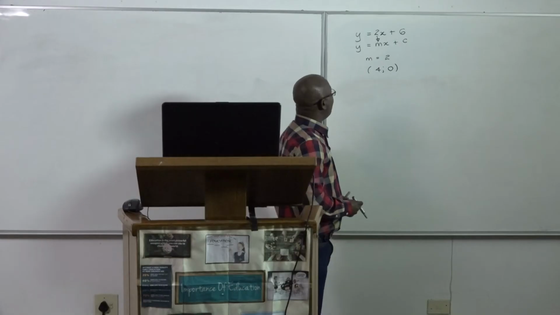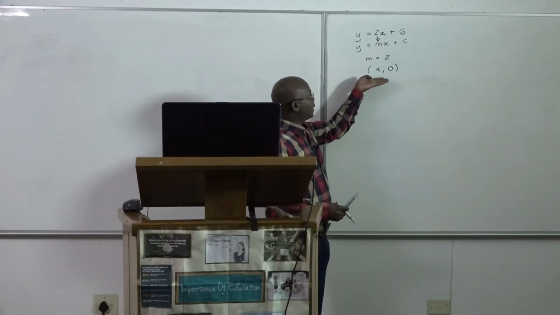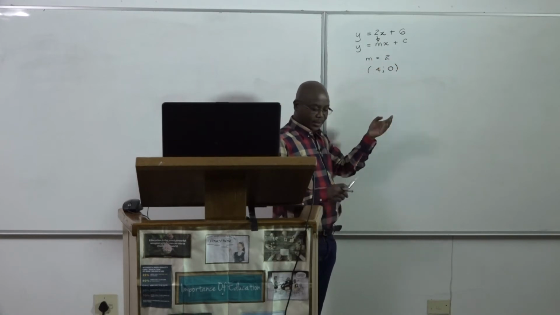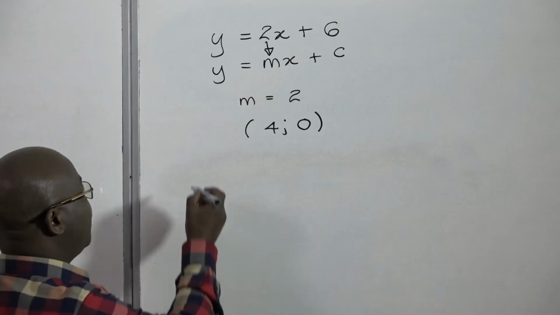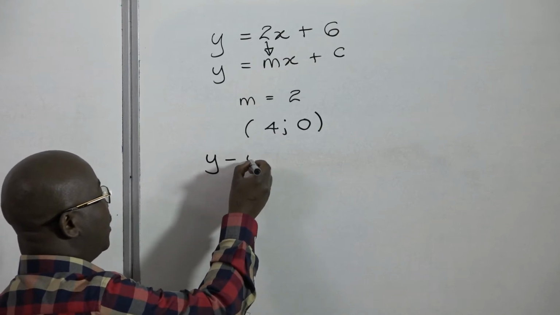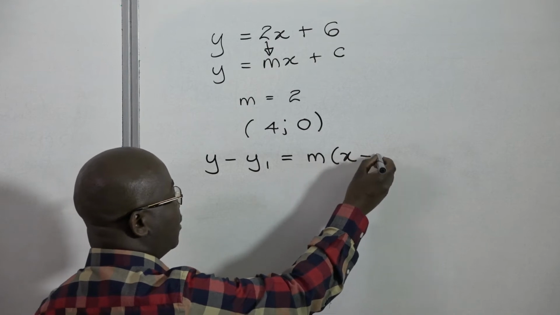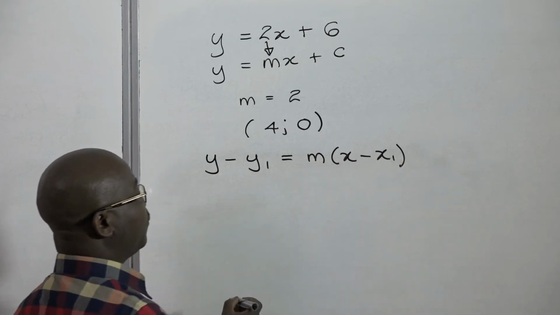Now we can substitute these coordinates and the gradient that we have just determined into our general equation, which is y minus y1 is equal to m in brackets x minus x1.